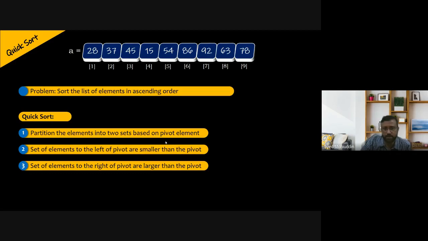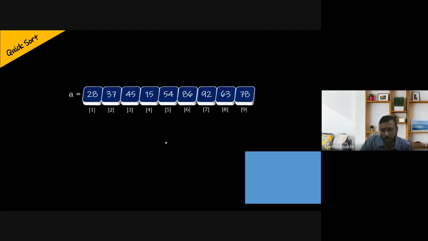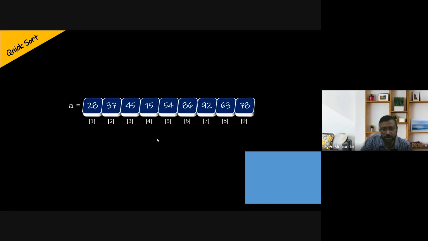Now let us consider this collection of elements. It's stored in an array, obviously. The array starts from 1 and ends at 9, so there are 9 elements in this array. Let us consider this element 54. Is this element 54 a pivot element? Let us examine all the elements to the left of this pivot. If you observe, we have elements 28, 37, 45, and 15.